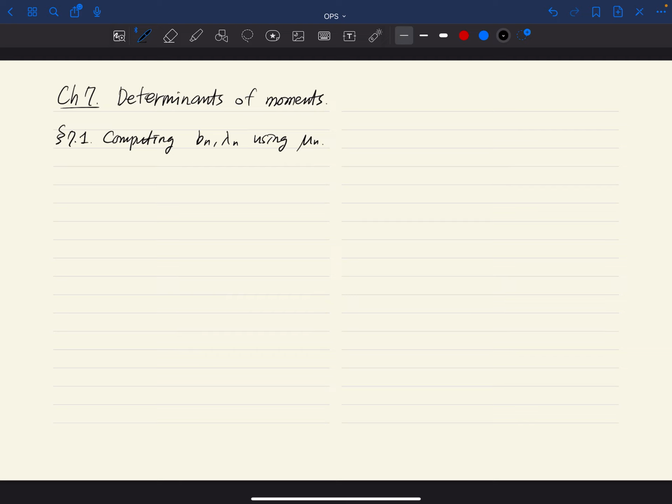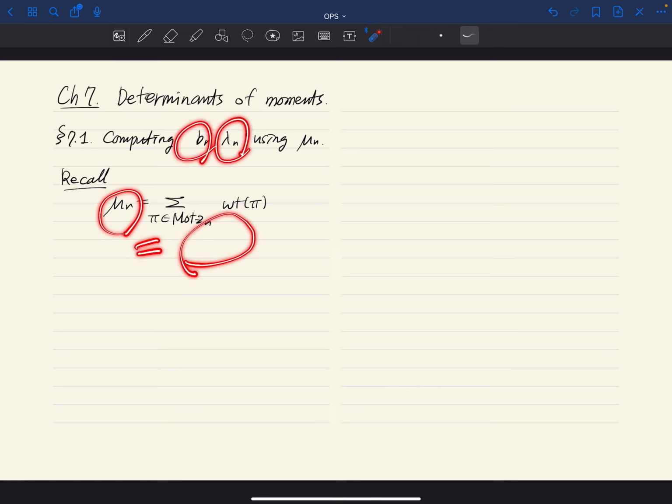Recall, we can compute mu n using bn and lambda n, as a sum over Motzkin paths pi of the weight of pi, where the weights are decided by these b's and lambdas. That means mu has a formula in terms of b's and lambdas. But can we do the opposite?